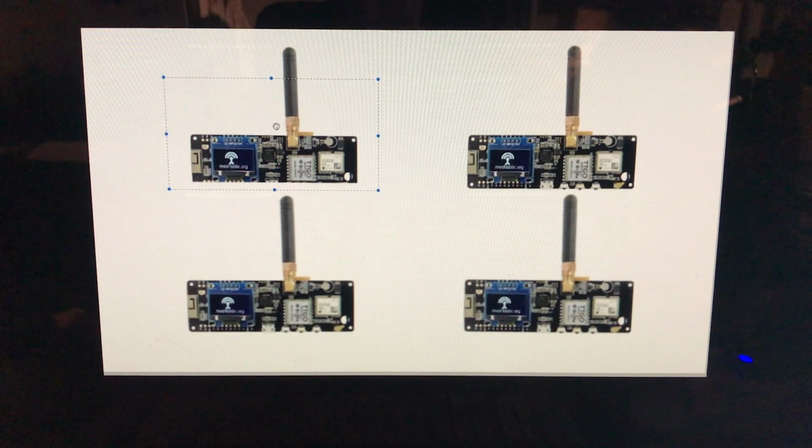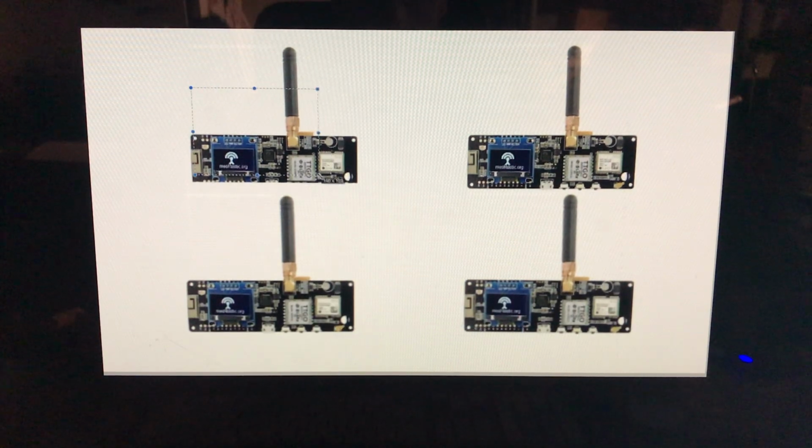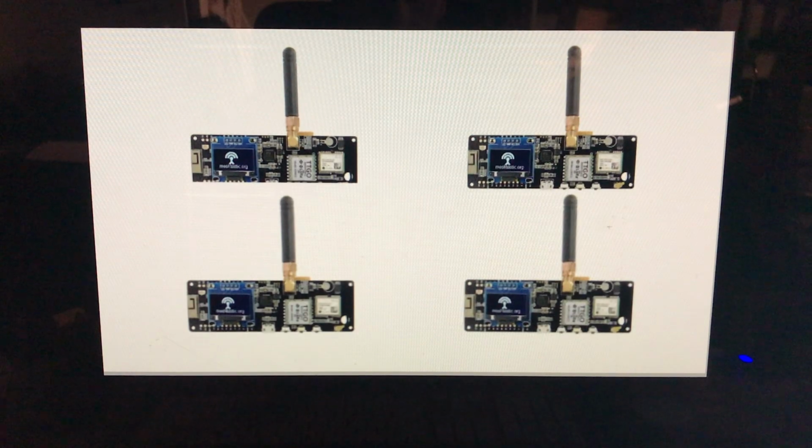When it sends this payload out, each node gets that payload. This node sends it, and all 3 of these receive it, because this node is seen by these 3 nodes. With that being said, the other nodes are then going to take that and hop it, and they're going to take a count away when they hop it.